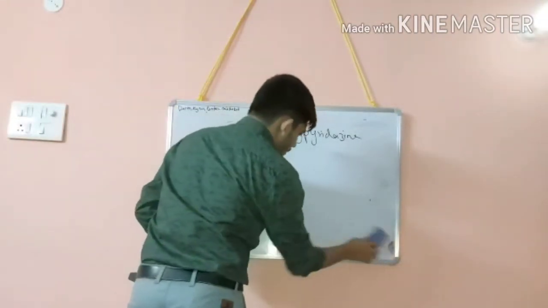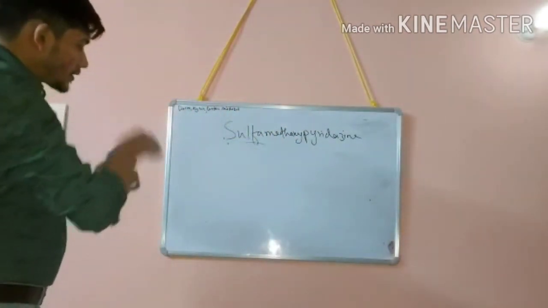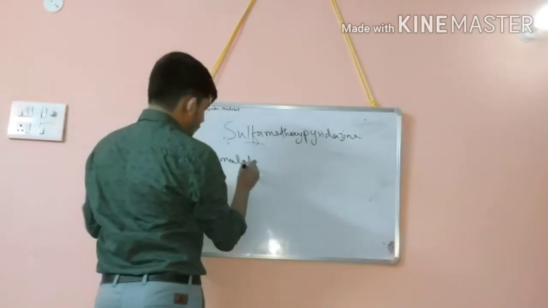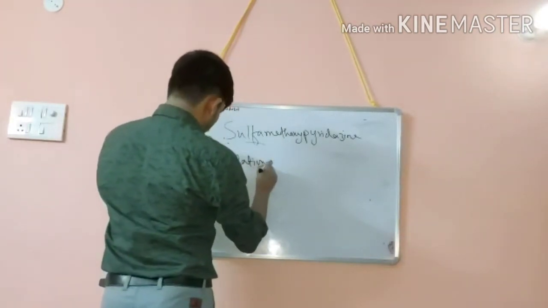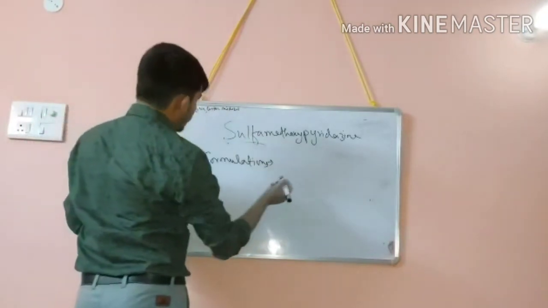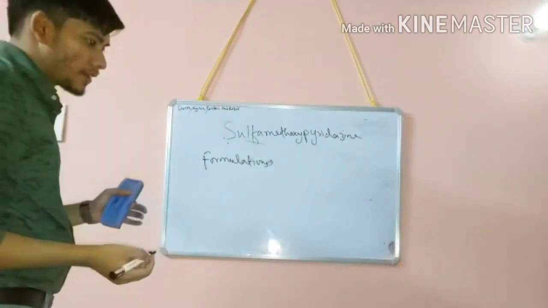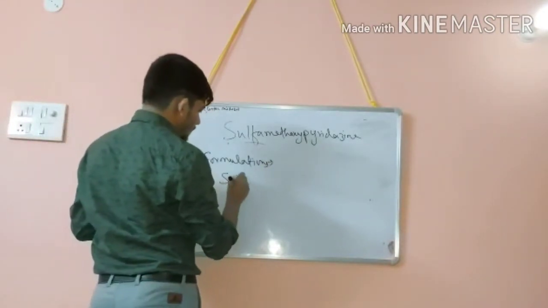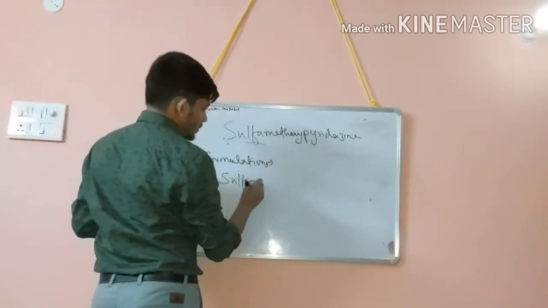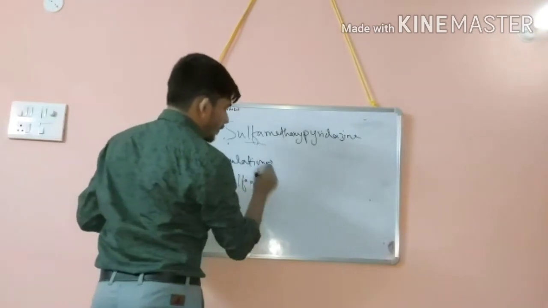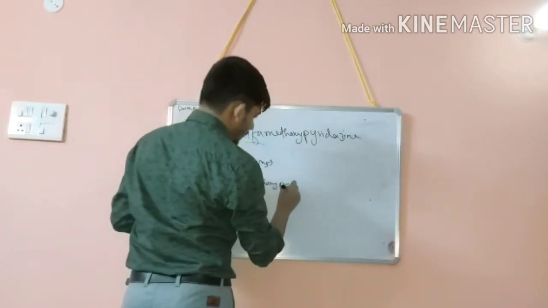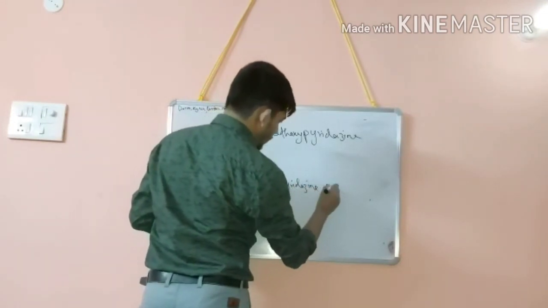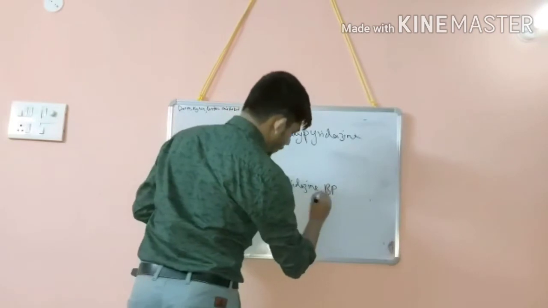So next we will see what are the formulations. Mainly in British Pharmacopoeia it is formulated by the formula of British Pharmacopoeia. So sulfamethoxypyrazine is a drug as per BP, British Pharmacopoeia.